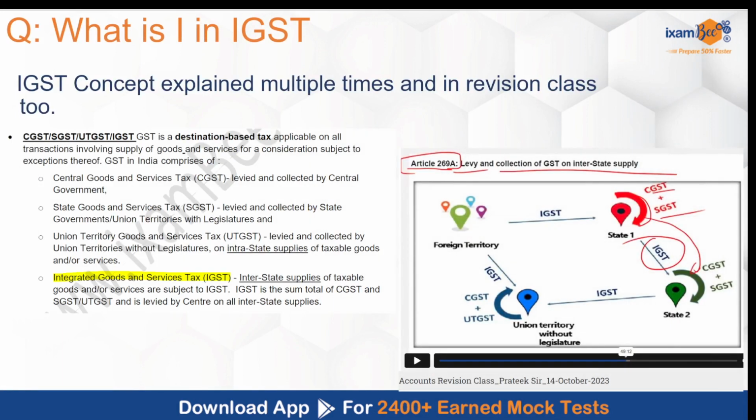Moving ahead to the taxation aspect, there were 4 to 5 questions from the GST, which were again very simple. First one was asking what I stands for in IGST, which is the Integrated Goods and Services Tax rate, used when interstate supplies are being done.